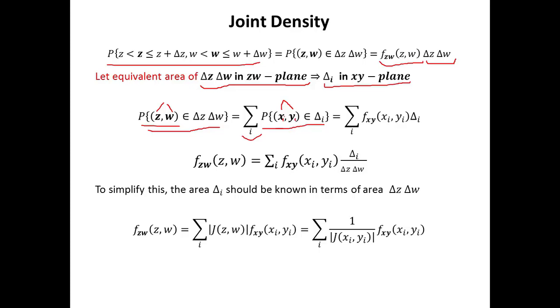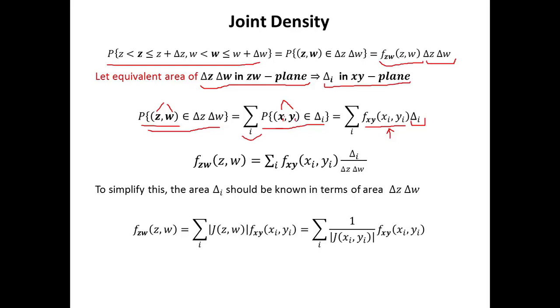This is equivalent to summation over I of fxy at xi yi, that is the PDF of random variables x and y, multiplied by the delta I region or delta I area.